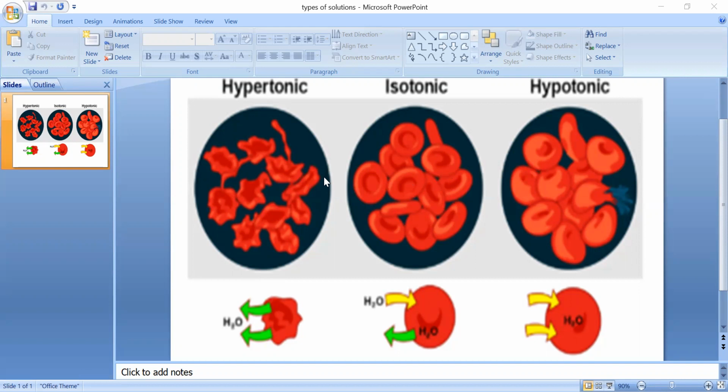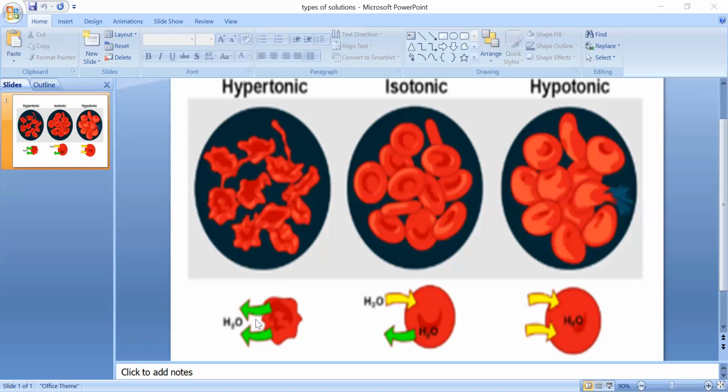Now, if you see, children, if this medium has a lower concentration of water than the cell, it means what? The cell has more water than the outside. Then it means that it is a very concentrated solution. Then the cell will lose water, as you can see here. The cell will lose water by osmosis.